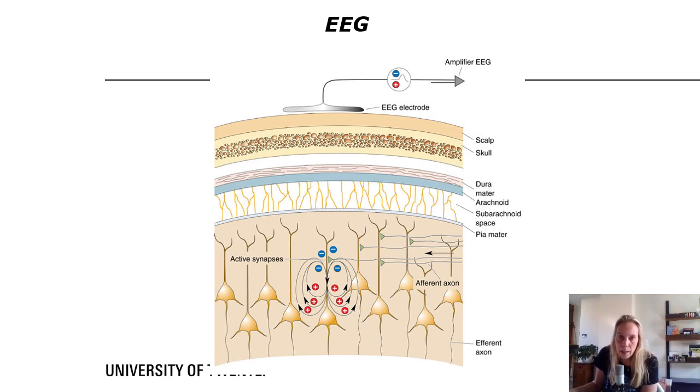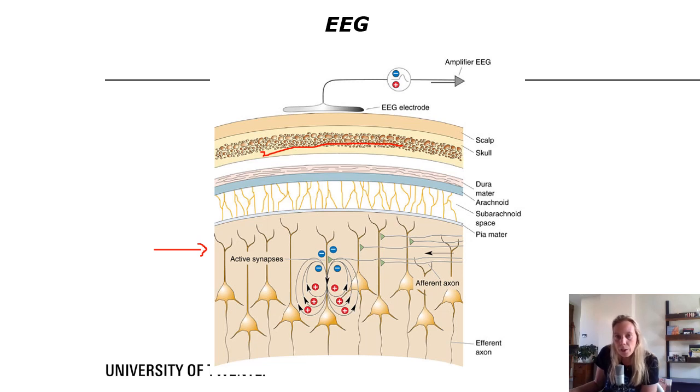So here I have a picture of the skull. This is the skull, and this is the brain. In the brain, you've learned in the lectures from Eric, there are neurons, and the neurons sometimes fire and sometimes don't fire.